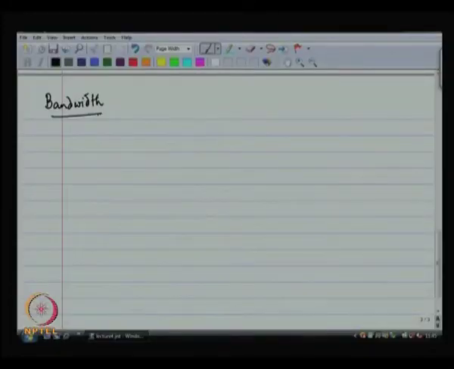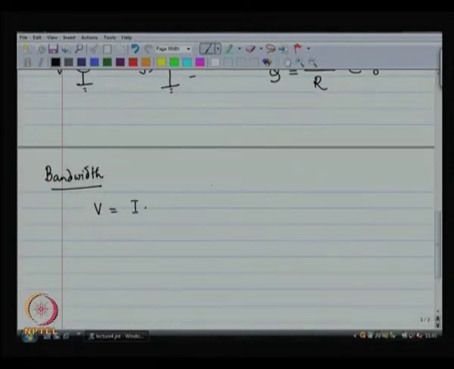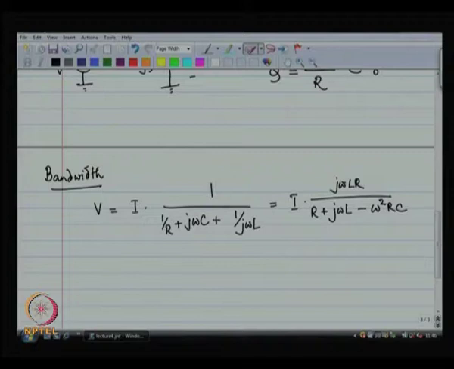Let us look at the parallel RLC network, and there V was equal to the voltage developed across R, L and C in parallel, which was I times (1/R + jωC + 1/(jωL)), which is also equal to I times jωL R divided by R + jωL − ω²LCR.